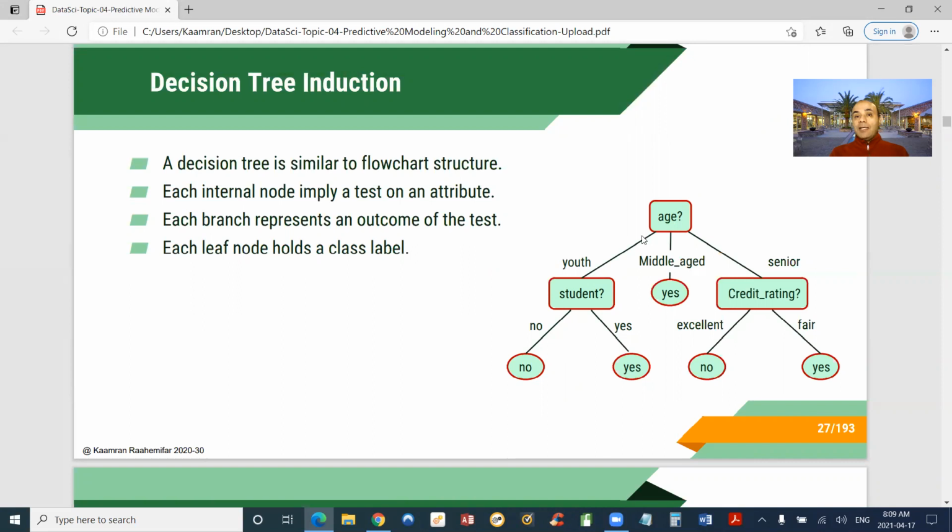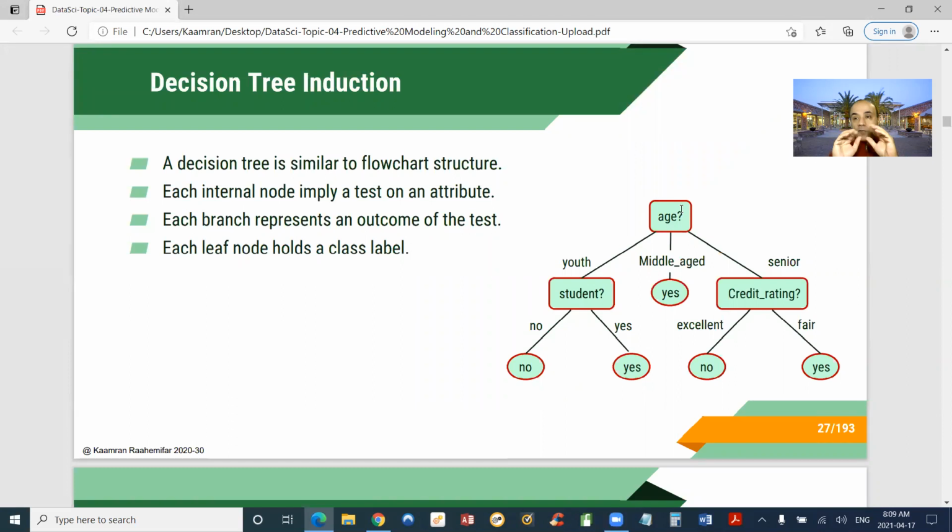In this example, which I'm going to show you the table for in a moment, the question is whether age is going to be the top splitting node. Is age going to be the first attribute you put on top and first split the data?